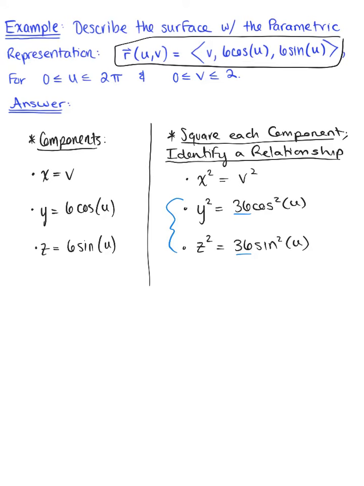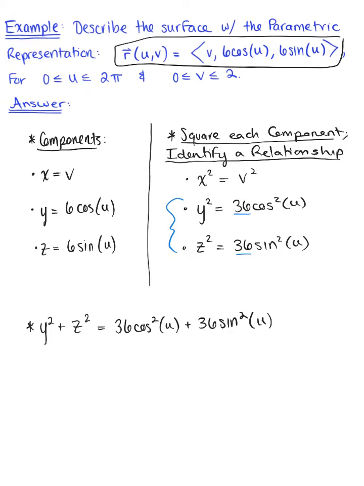So let's now go ahead and try adding those two together and see if we can identify a bigger picture. So we have y squared plus z squared is equal to 36 times cosine squared of u plus 36 times sine squared of u.